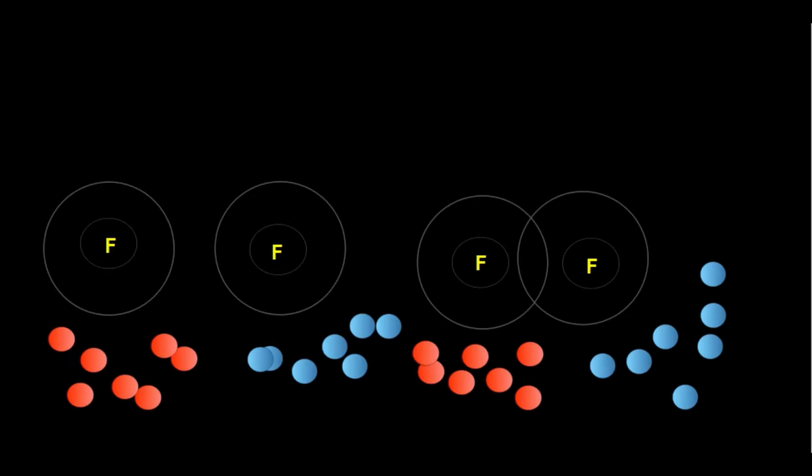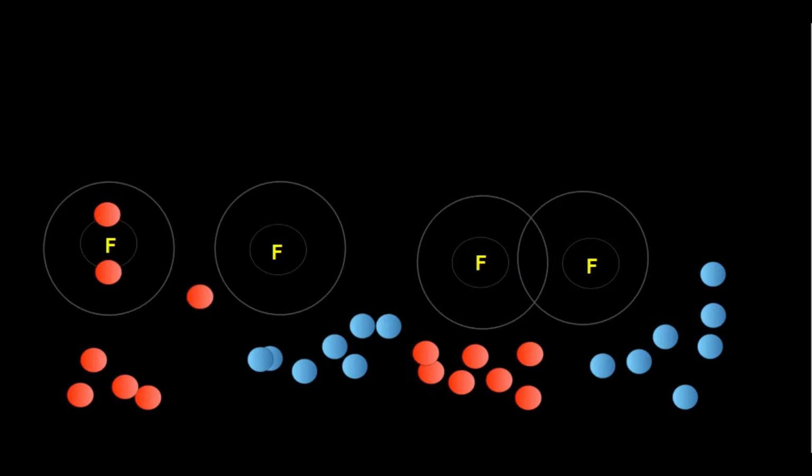Now we will show the formation of single covalent bond in fluorine molecule with the help of electron dot structure. Here we have fluorine atoms. Now we will place the 2 electrons in the first shell of fluorine. For this fluorine atom we place 2 electrons in its first shell. And in the second shell, that is the valence shell of fluorine, there are 7 electrons.